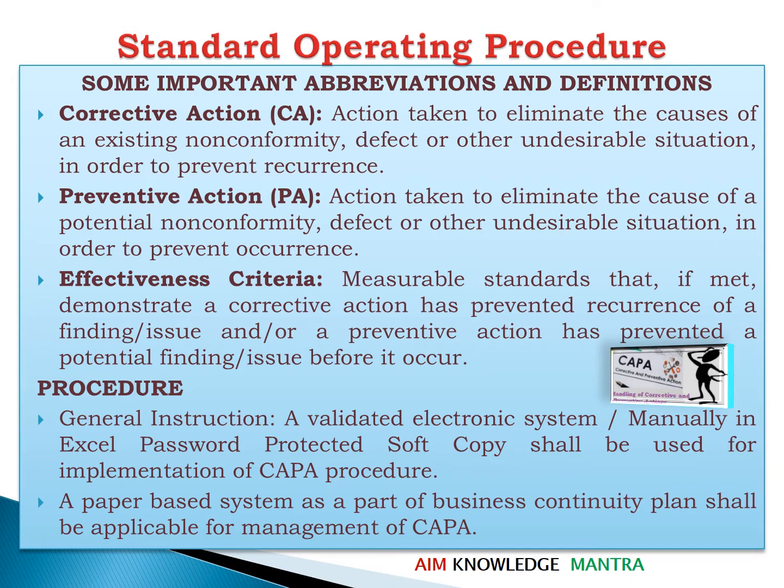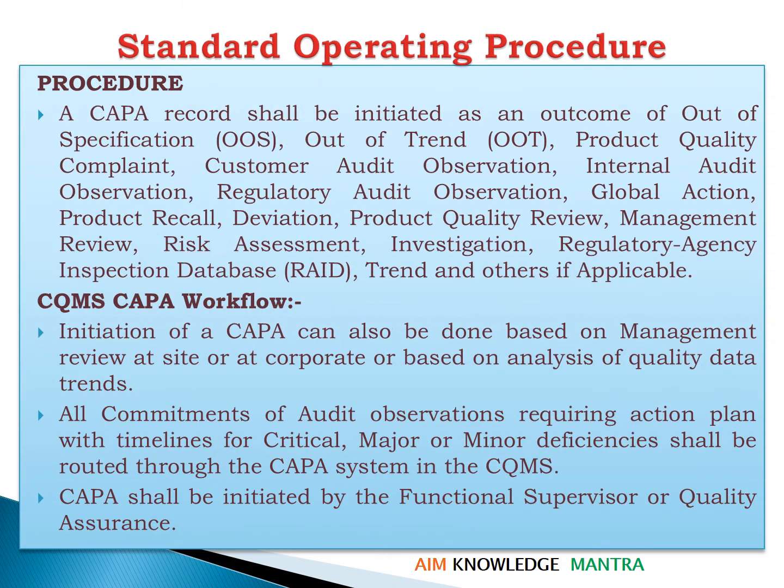Procedure. General instruction, a validated electronic system, manually in Excel password-protected soft copy shall be used for implementation of CAPA procedure. A paper-based system as a part of business continuity plan shall be applicable for management of CAPA. Procedure.